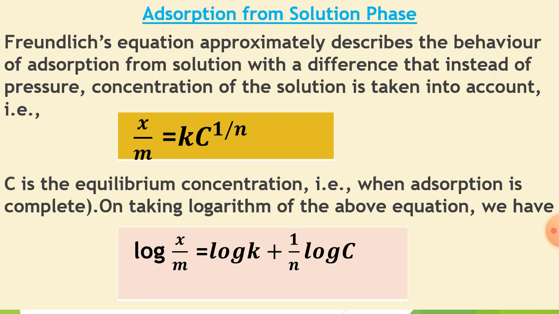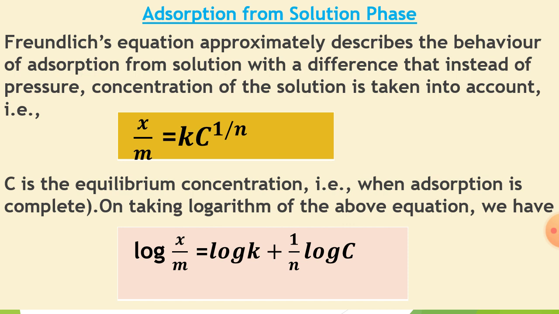Now dear students, similarly you can also plot a graph if the adsorption from solution phase is taken. The only replacement in the Freundlich adsorption theorem is that here you have to write the concentration term in place of the pressure term. In that condition, the formula is x by m equals K C to the power 1 by n.